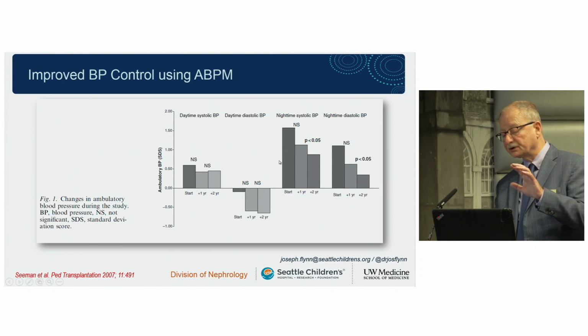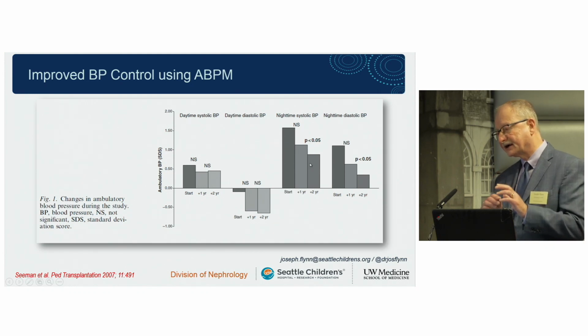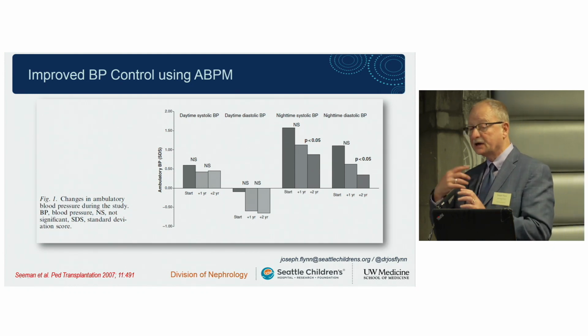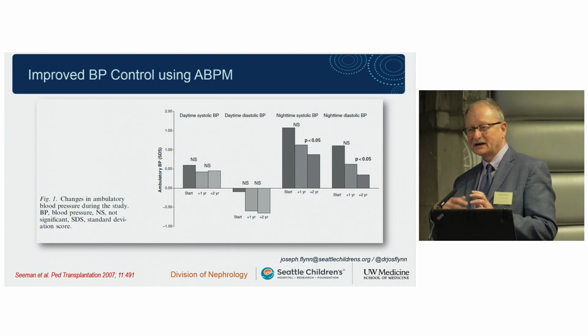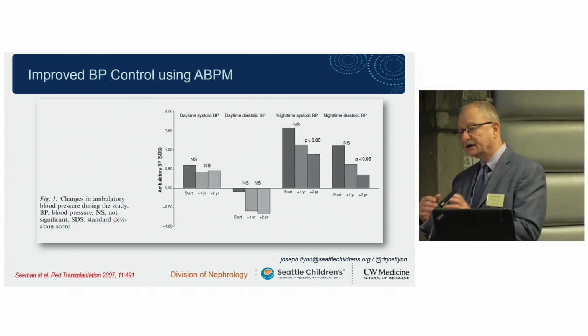Most importantly, they saw improvement in the nighttime blood pressure over time. And what that enables you to do, because many of these patients have masked hypertension on the basis of their sleep blood pressure, is that fewer of them have hypertension over time if you're using the ambulatory blood pressure study to modify their therapy.